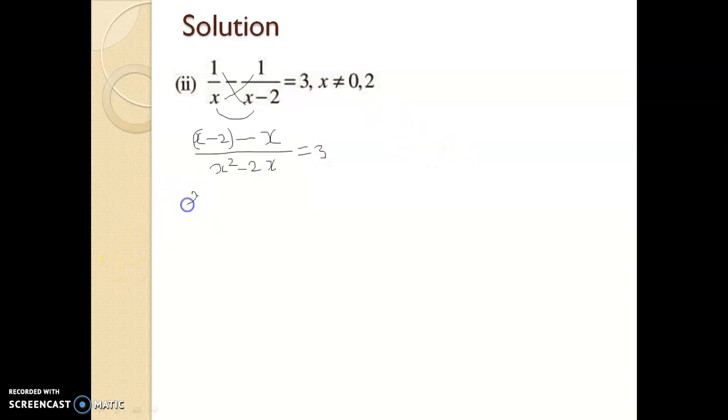And then simplify the numerator, so x minus 2 minus x divided by x square minus 2x equal to 3.